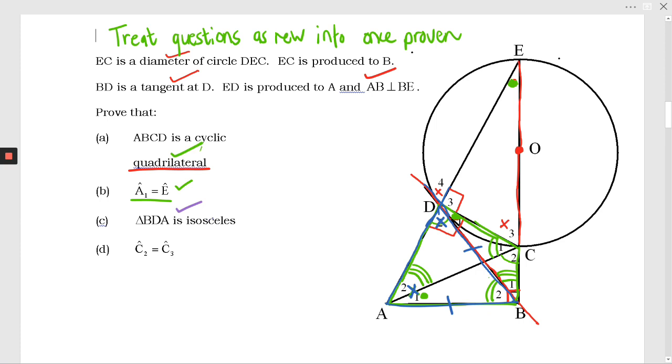The last thing is to prove that C2 equals C3. I actually made D2 a single bar, and then I had C2 as a single bar, because they were equal to each other because of angles in the same segment. So actually that makes C2 the little x that I had. So I've actually already had it.